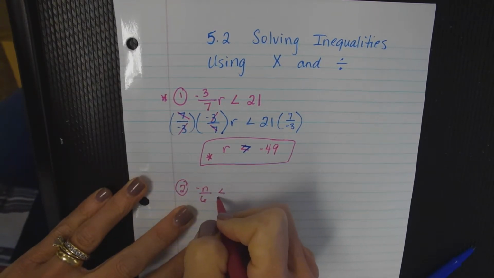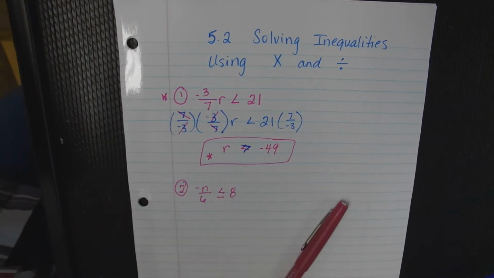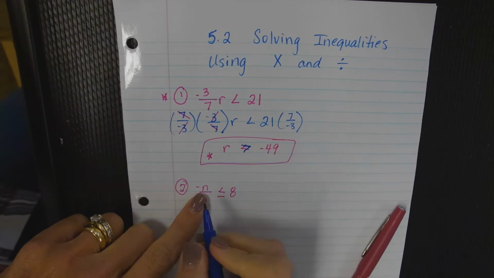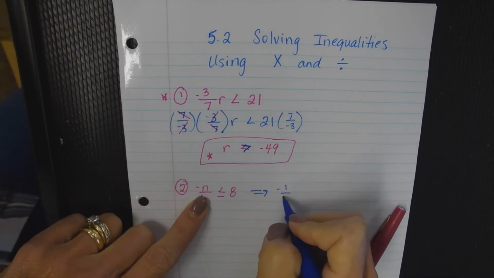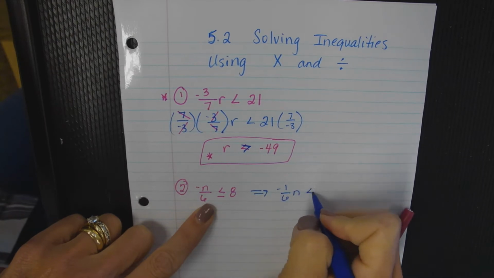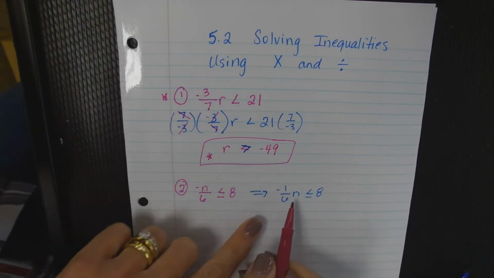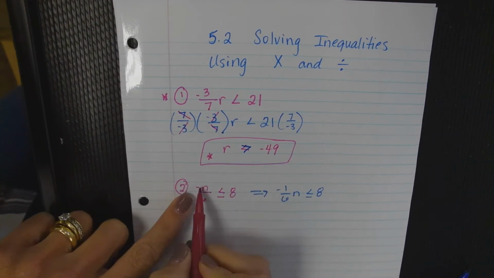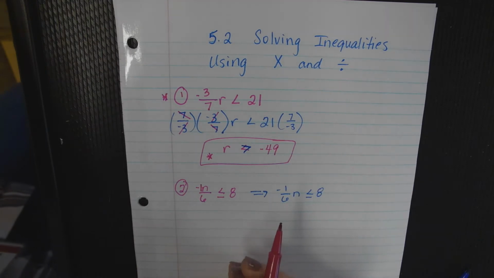-n/6 less than or equal to 8. Just a reminder, what number is in front of the n? You don't have to, but you can rewrite this like so. I have a fraction in front, and there's a -1 understood to be there.